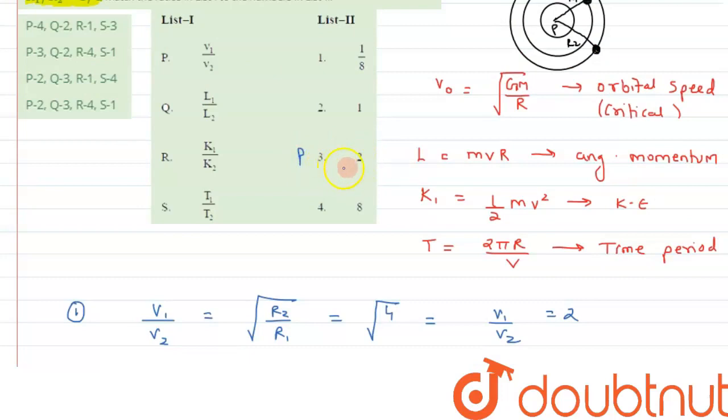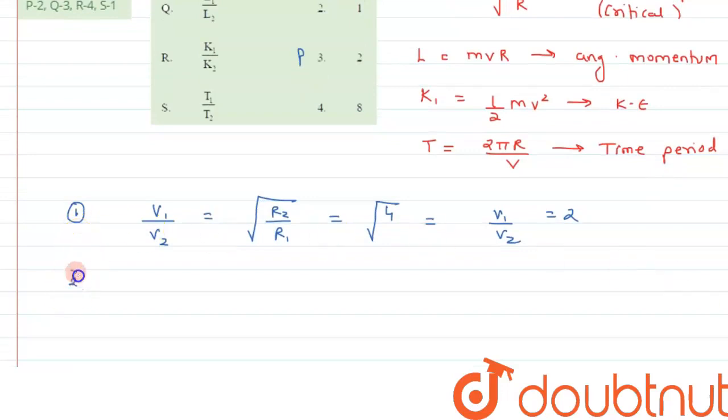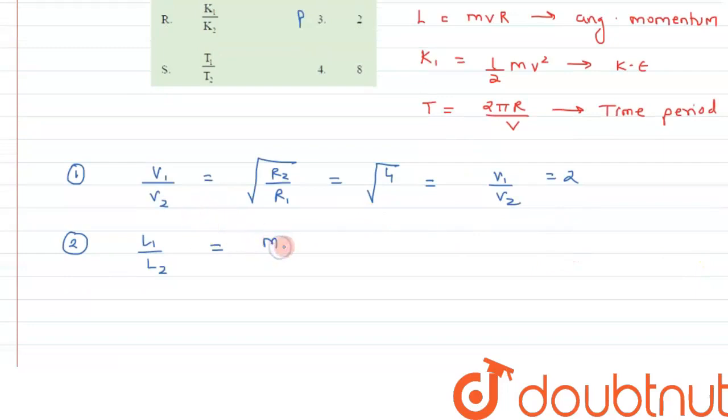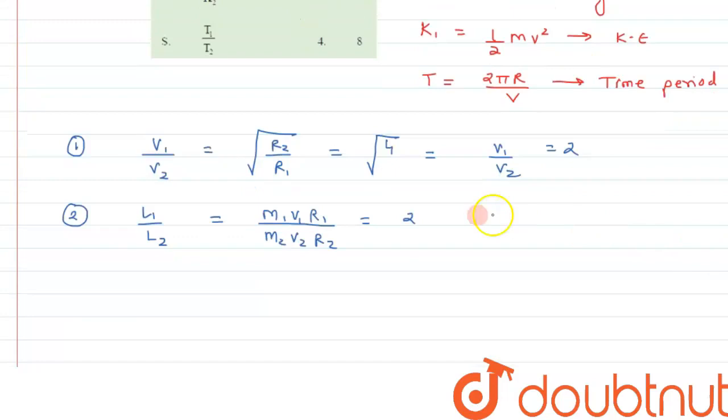So P is matching with the third option, that is value 2. Let's move on to the second part, that is L1 by L2. The formula is mvr, so L1 by L2 is m1 v1 r1 upon m2 v2 r2. The ratio m1 by m2 is given as 2, v1 by v2 we have calculated as 2, and r1 by r2 is given as 1 by 4.